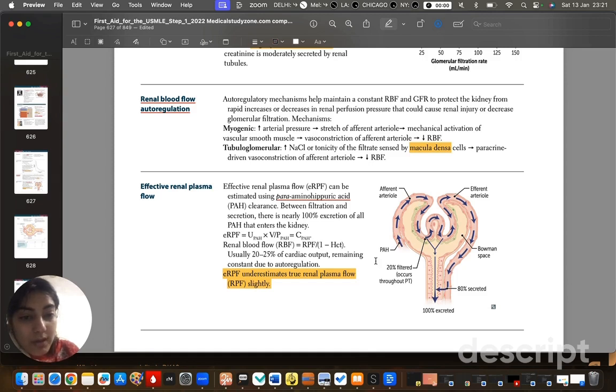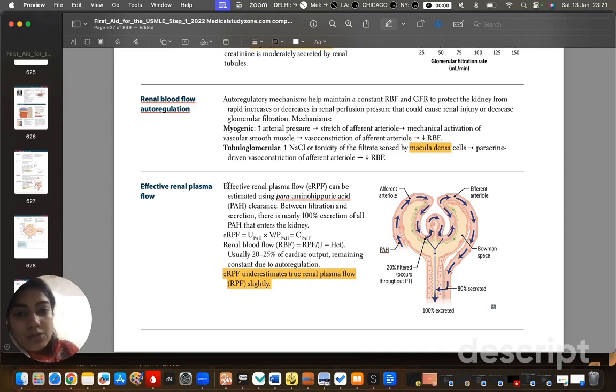They use something called para-aminohippuric acid. So how much of this is cleared? That's how we can know, because all of it is present in the kidney. Some of it is filtered, like here, and some of it is secreted, like here. The majority is secreted. So that's how we can know effective renal plasma flow.